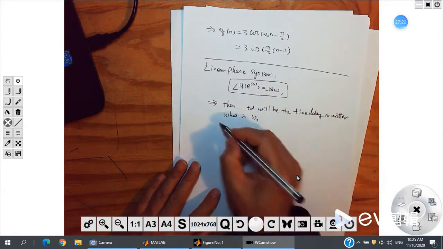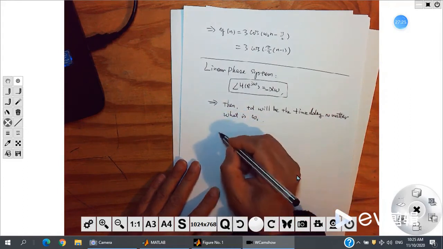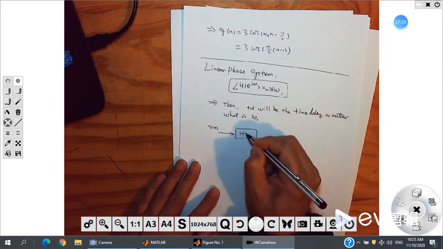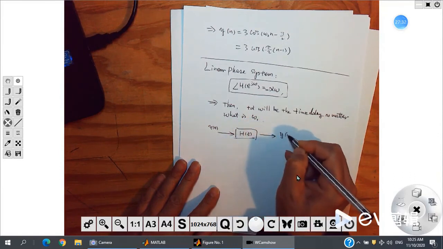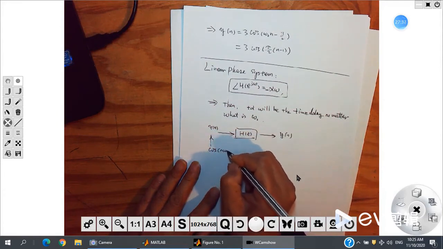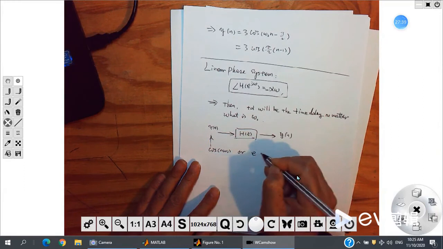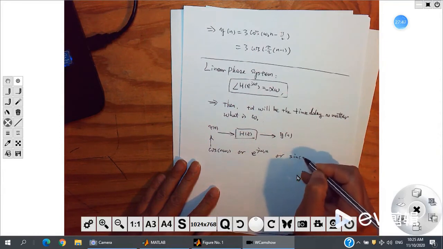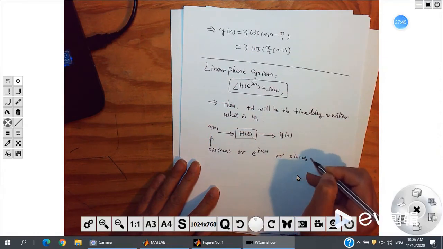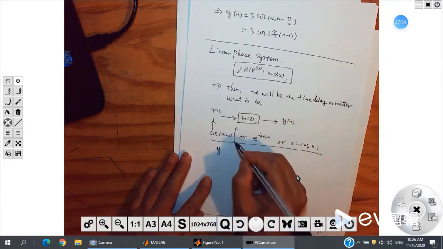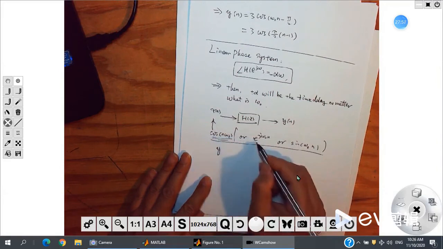Alright. Okay, of course here we consider the same thing. We use x of n as input, then we have output, and the input will be a sinusoid: cosine of n omega 0, or e to the j omega 0 n, or a sine of omega 0 n in this case. On the output side, these two will be similar.